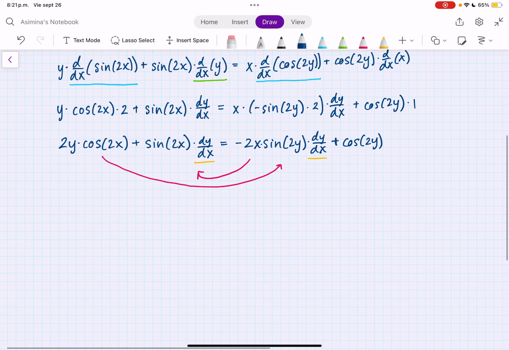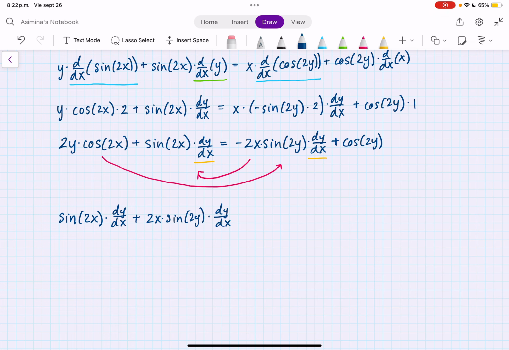Doing so, we get the following. So I have sine of 2x times dy dx plus 2x sine of 2y times dy dx equals cosine of 2y minus 2y times cosine of 2x.